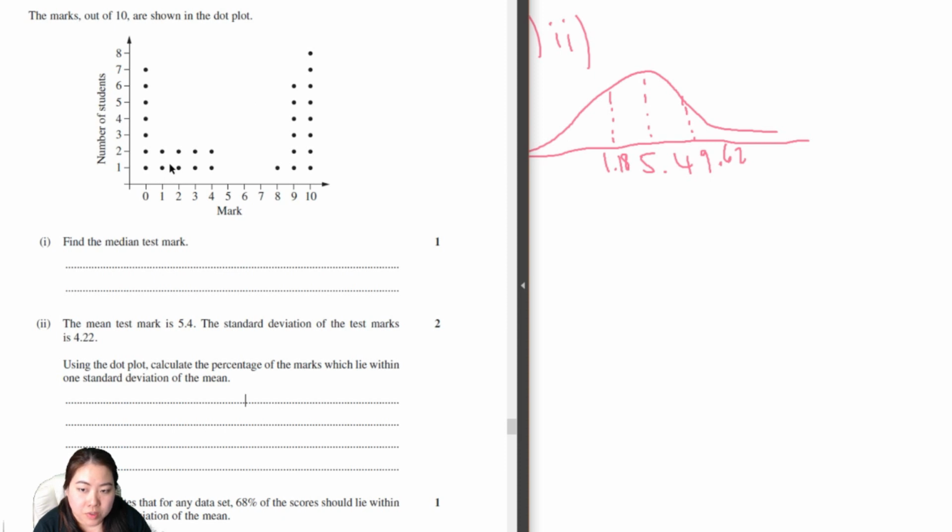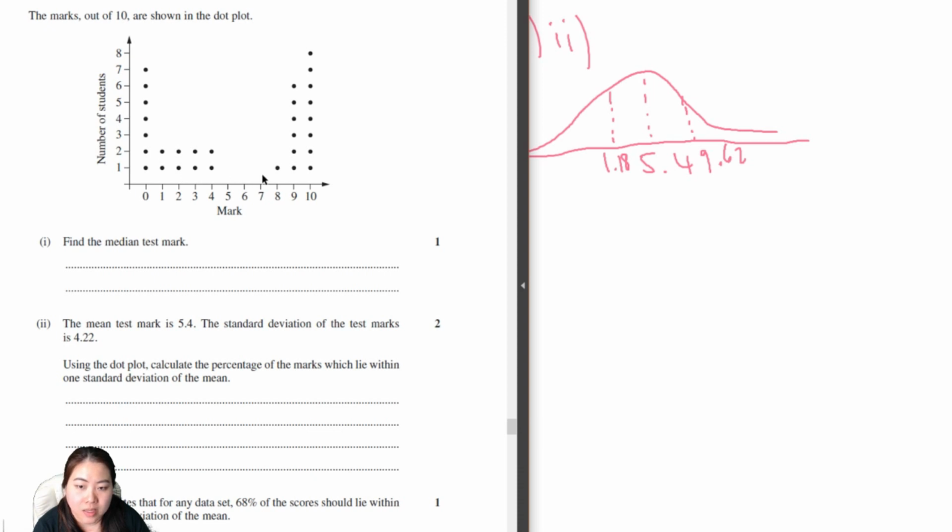From between 1.18 to 9.62, that means we don't get the 1, we get 2. That means everyone that has marks between 2 and 9. I'm just going to count them.